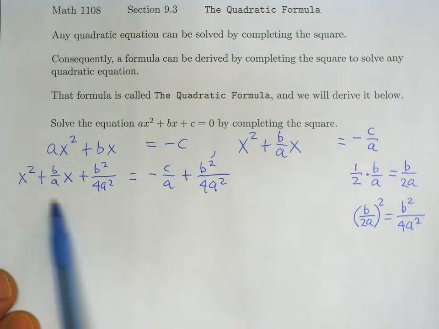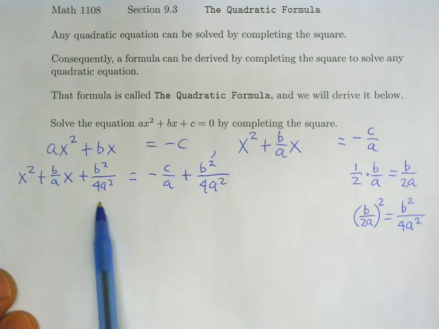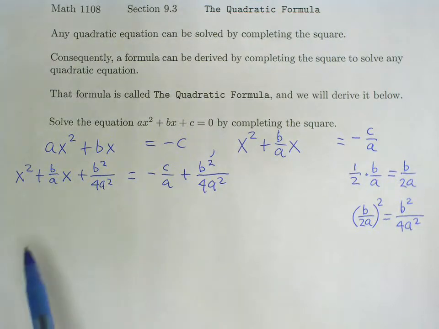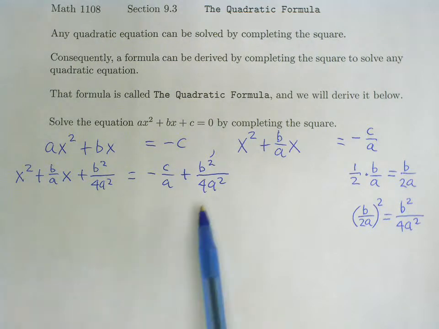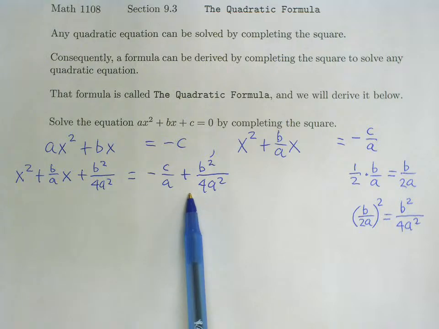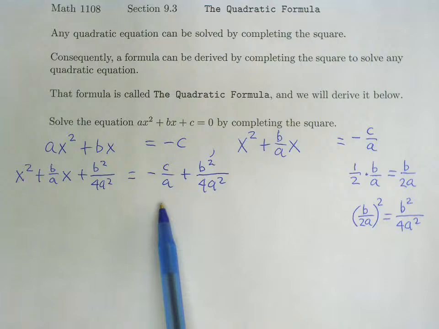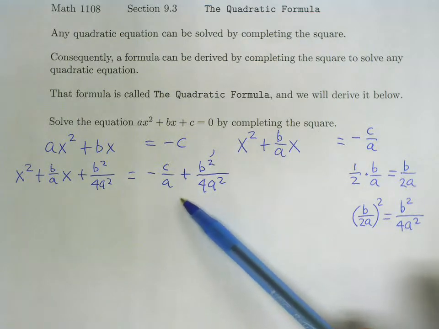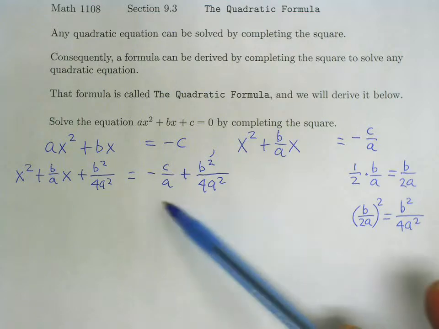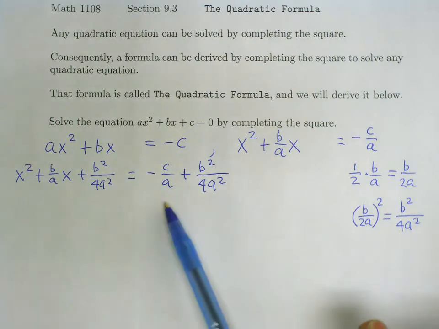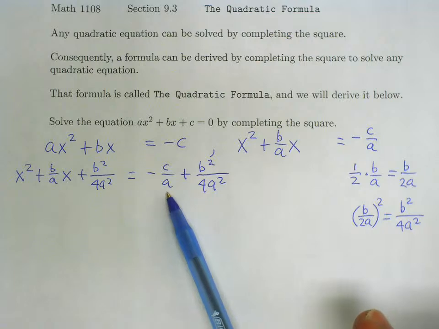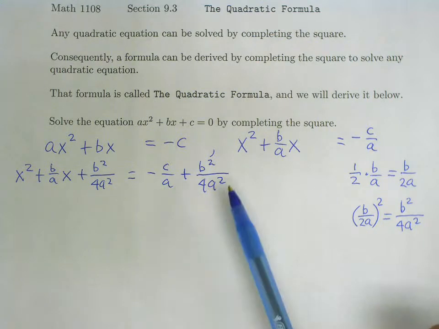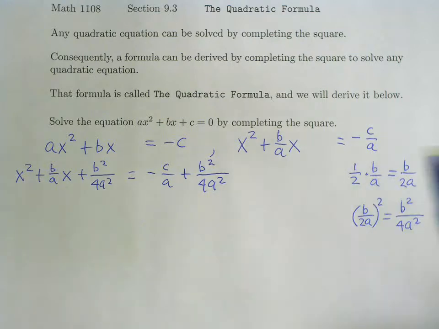Okay, so the left-hand side is now a perfect square trinomial, which means that it's equal to some binomial squared. On the right-hand side, we're adding two rational expressions, or two fractions, and we want to write it as a single fraction with a common denominator. So let's identify the least common denominator right now. This denominator on the left is a, and this one is 4a to the second.